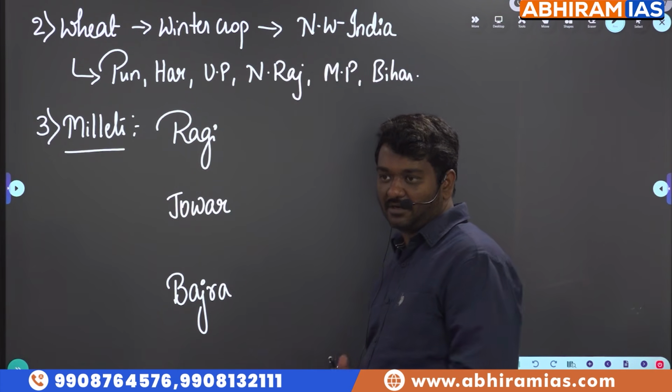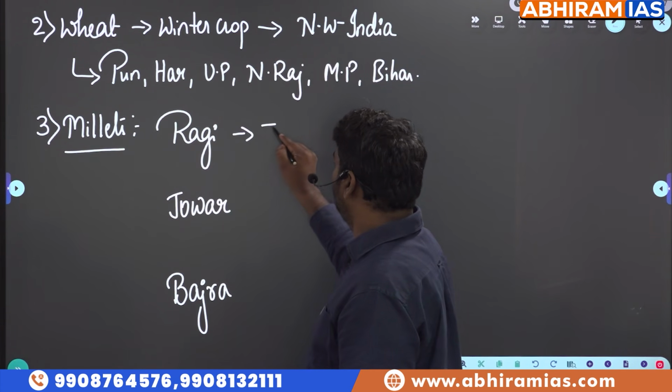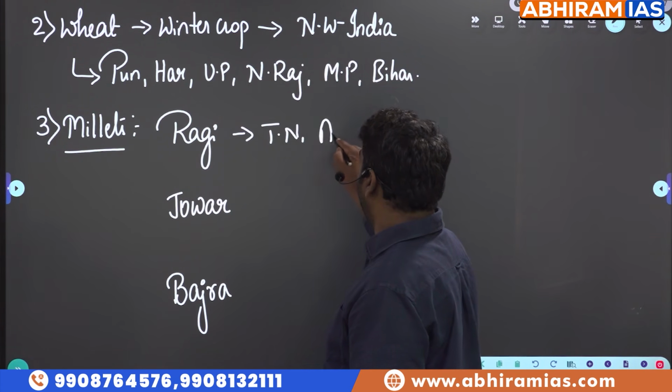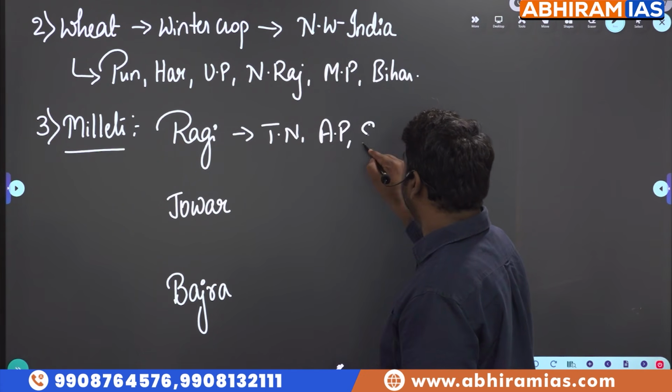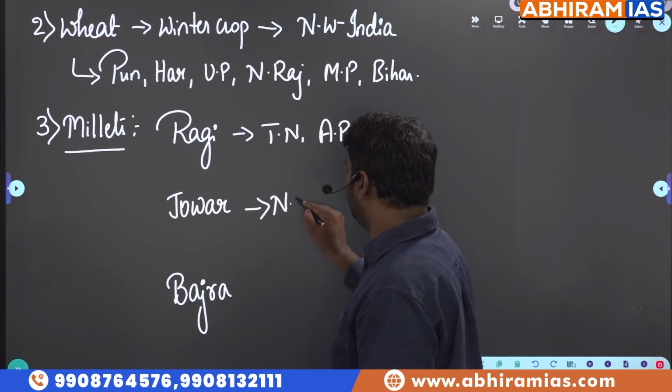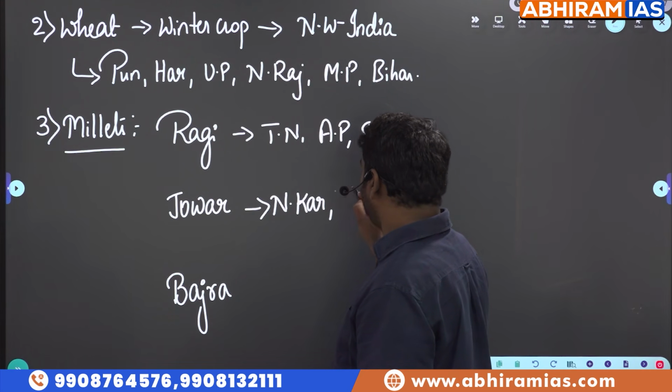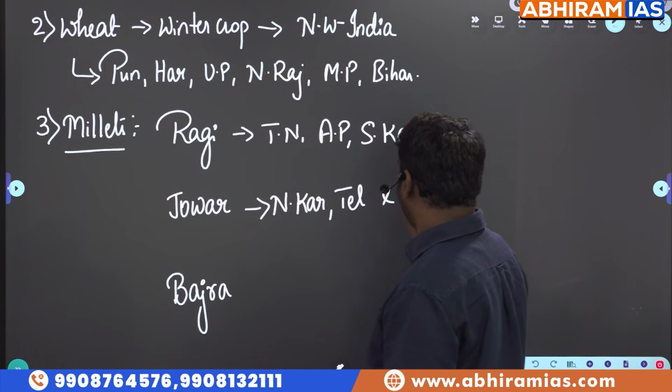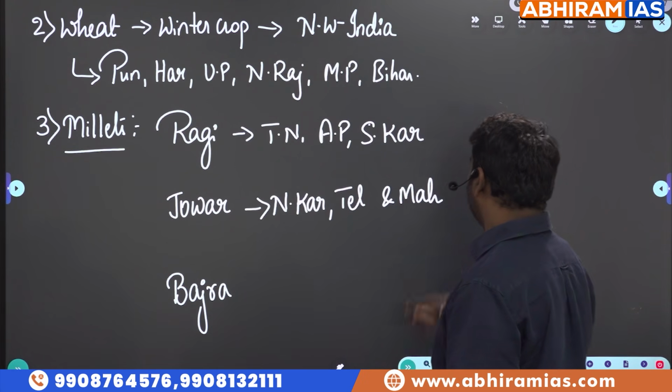Ragi, Jowar, Bajra. What are the three here? What will you get? Tamil Nadu, Andhra Pradesh, Southern Karnataka. North Karnataka, Telangana, Maharashtra.